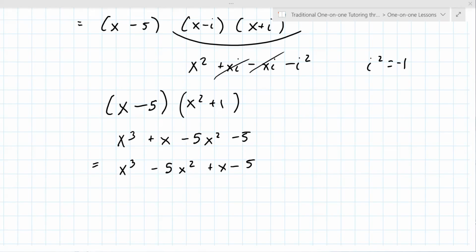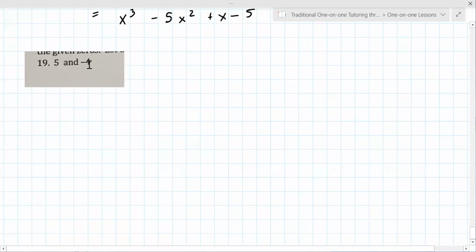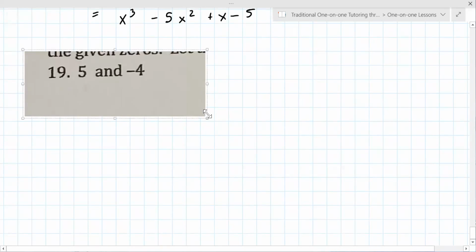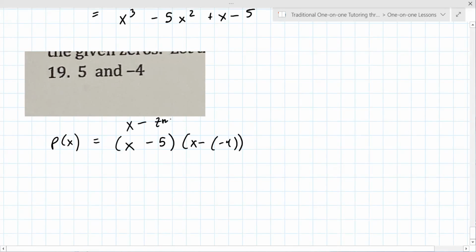All right, so 19 is kind of a repeat of the one we just did. It's actually the one I would want us to do first, because the form is so simple. It's x minus 5, x minus negative 4. It's always x minus the 0, x minus the 0.